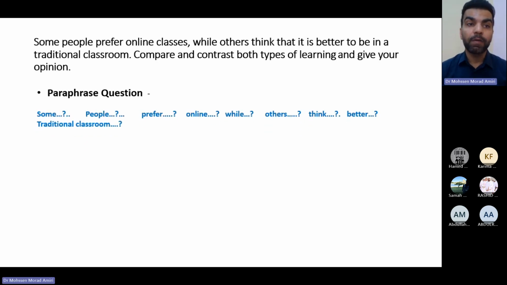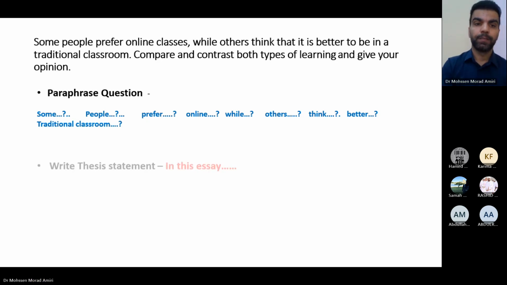So we need to change some of the words, like some people prefer online classes, while others think traditional classroom. So there are some words in any question that you get, you need to paraphrase them. You need to write them differently, with synonyms that you may know.